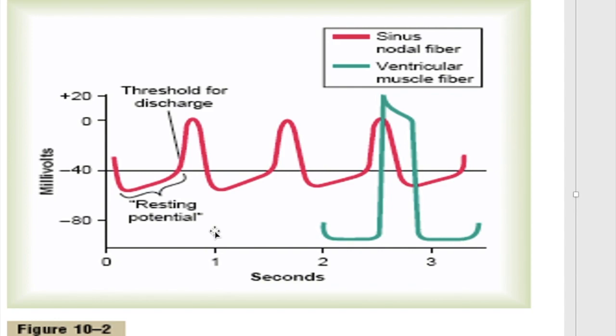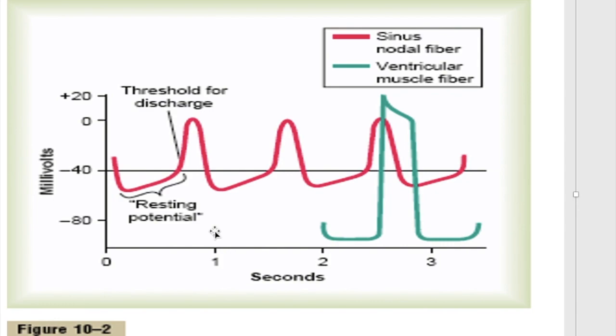What happens in phase 0? Phase 0 is the upstroke, and this is due to a rapidly activating sodium current. Now this sodium current then inactivates in phase 1.